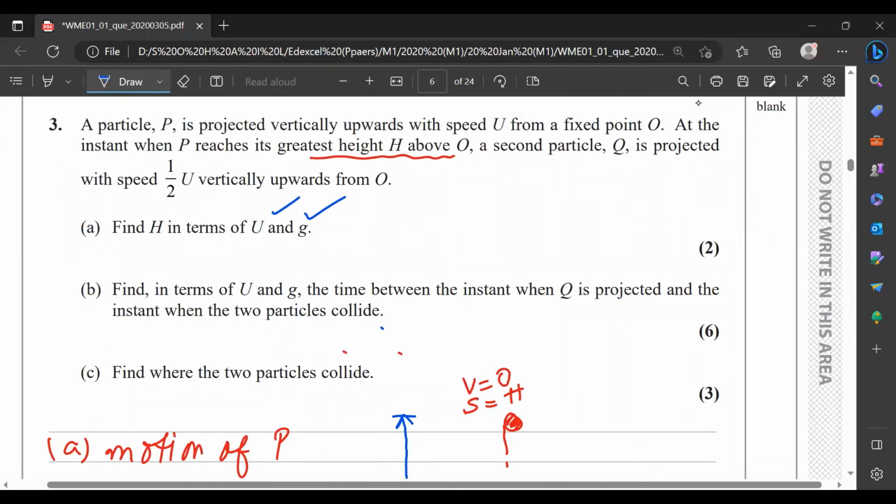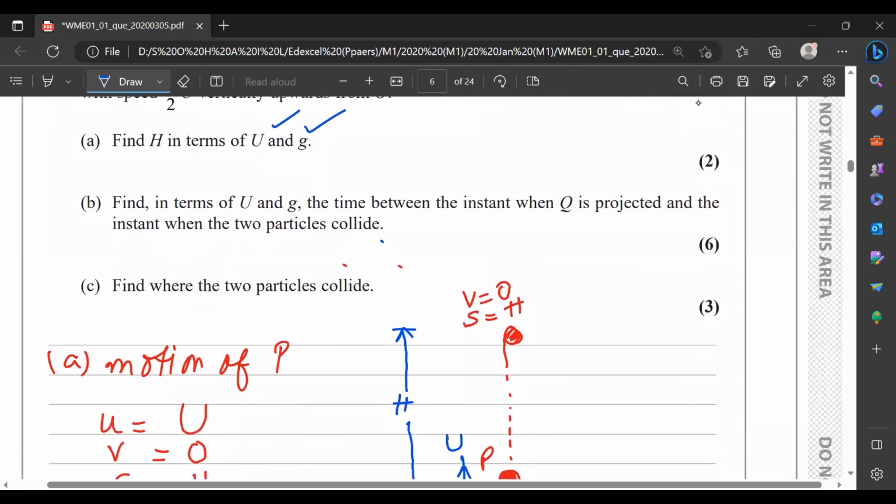Okay, find h. So this is the height in terms of u and g. Find in terms of u and g the time between the instant when Q is projected and the instant when the two particles collide.